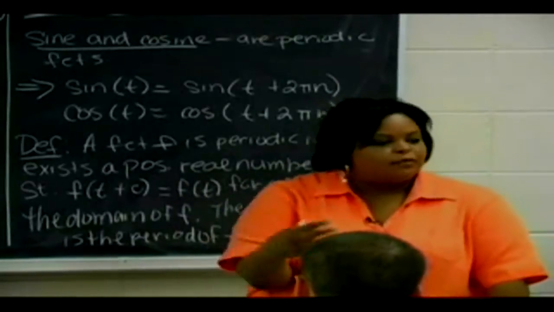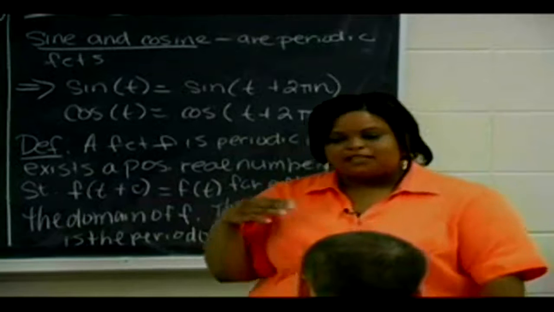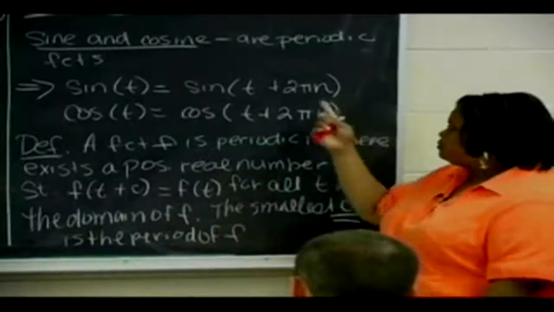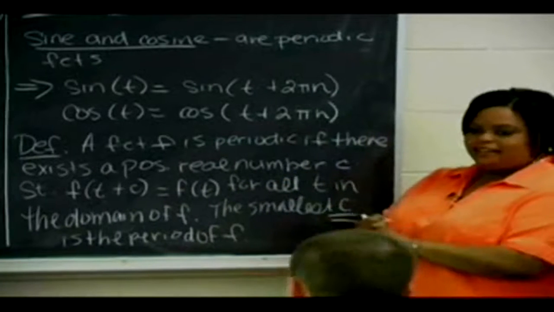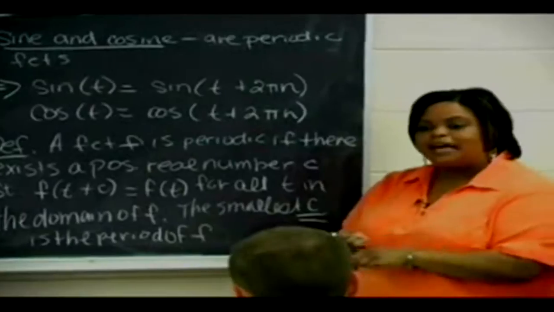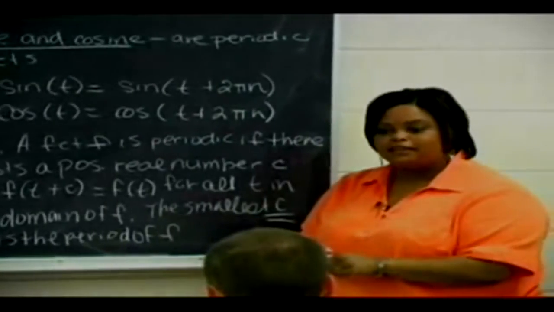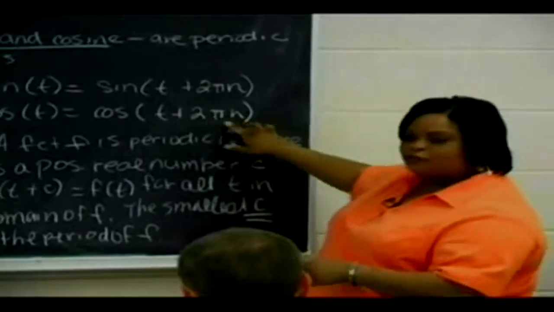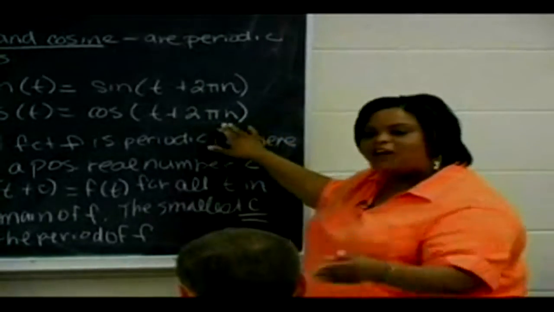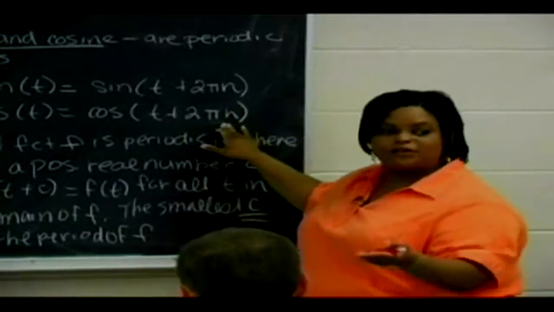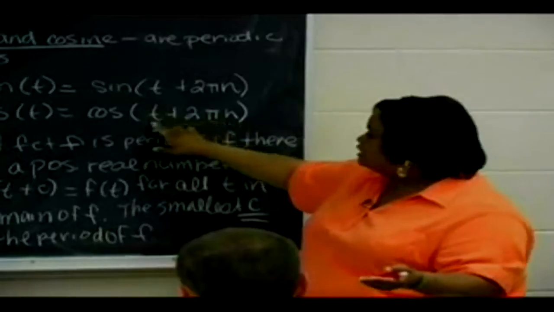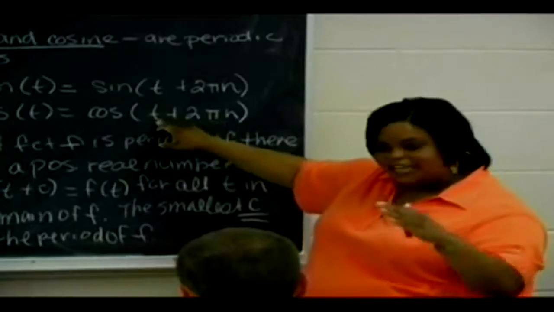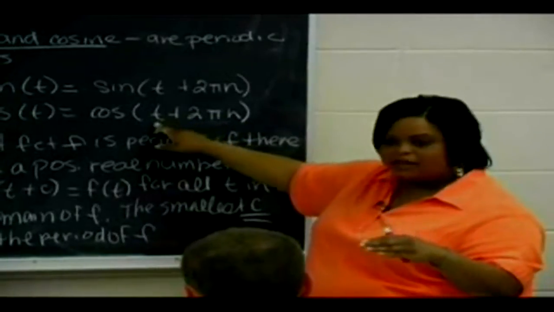It still could be an even number, but it has to be something less. So when we do that, we have 5 pi. We can break it down as pi plus what? 4 pi. So our 4 pi here will represent this 2 pi n, which will take out all of those extra periods. And I'm just going to be left with this first one, which is less than our 4 pi, which is what? Pi.